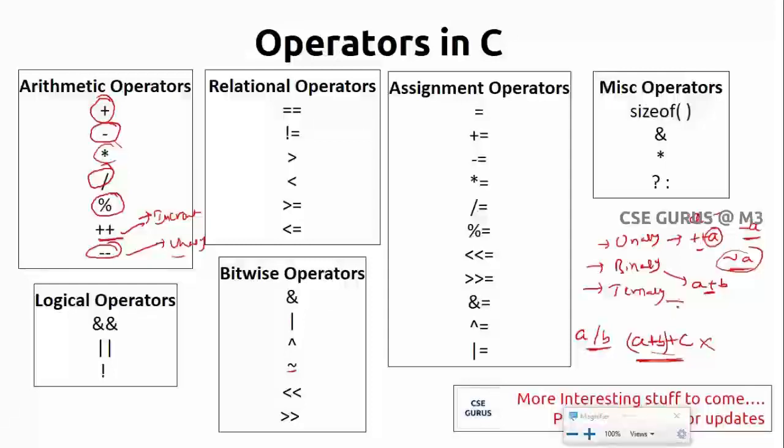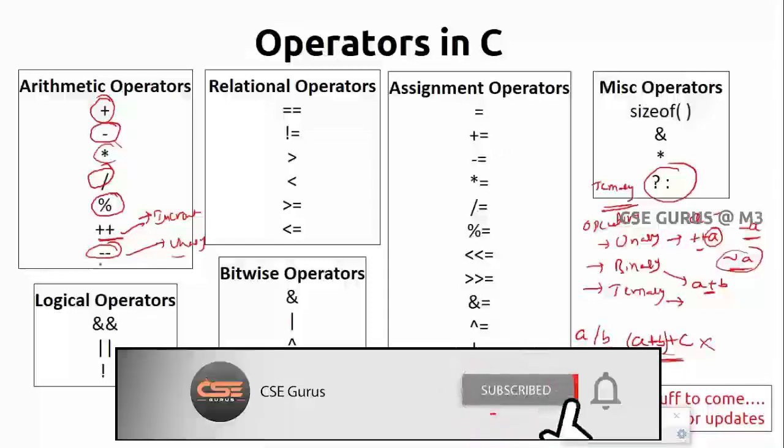Ternary means 3 operands. Here we can find one operator called the conditional operator. This is the ternary operator, I'll explain this one also. So these are the operators in C, basically divided afterwards into arithmetic, relational, logical, bitwise, assignment and miscellaneous operators.